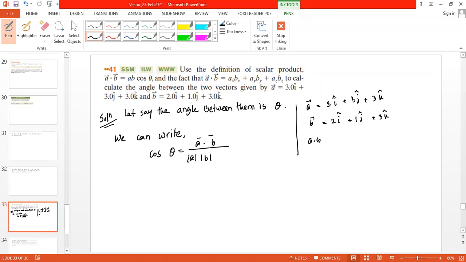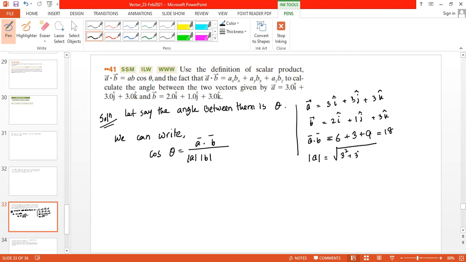So A dot B will be equal to AxBx, that's 3 times 2 equal to 6, plus 3 times 1 equal to 3, plus 3 times 3 equal to 9. So 6 plus 3 plus 9 equal to 18. And magnitude of vector A is equal to the square root of 3 square plus 3 square plus 3 square.